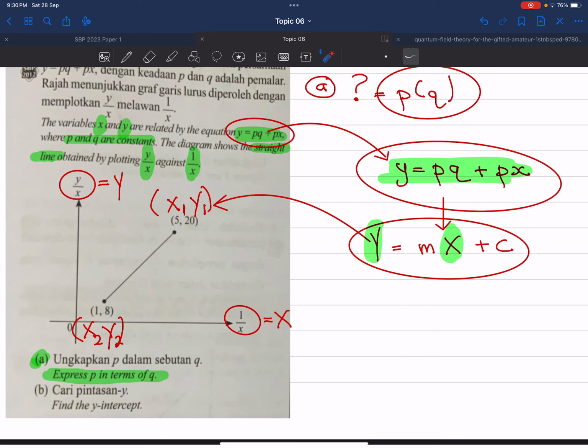Now how am I going to do this? Look at the capital Y, which is y over x. I have to change y to y over x, which means I divide everything by x. I take the equation y equals pq plus px and divide each term by x, because the capital Y is y over x.